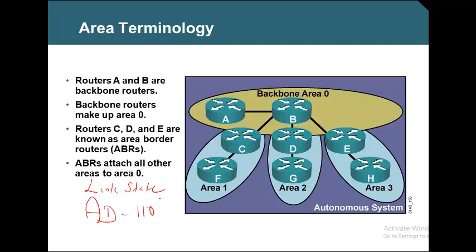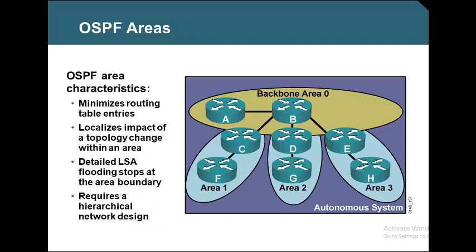The advantage of areas we saw in this page. Minimize the size of the routing table. When the size of the routing table is minimized, the CPU utilized will be less. The time taken to find the exit interface will be less. And when a small subnet goes down, the flooding happens only within that area.